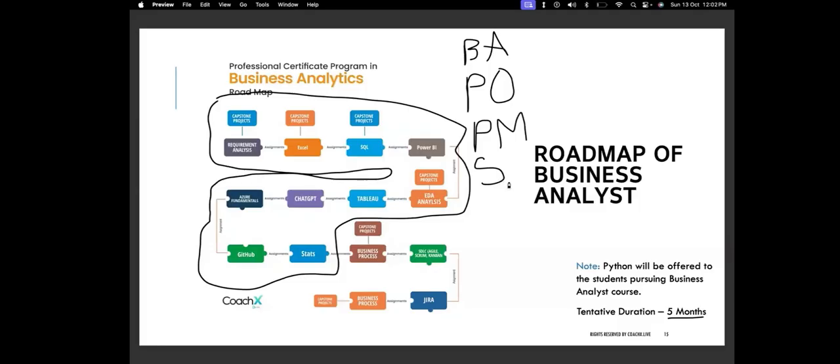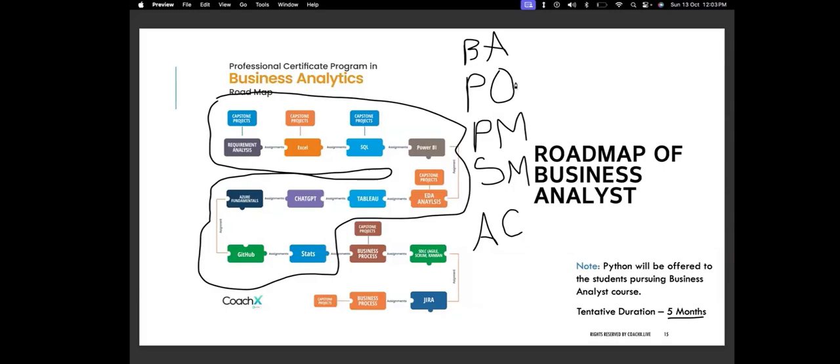You can also apply for Scrum Master role, because we are covering Scrum in detail. And if you like Agile or Scrum a lot and want to be a coach, you can opt for the Agile course also. So with this course, in addition to data analyst and business analyst, you can target all these designations as well.